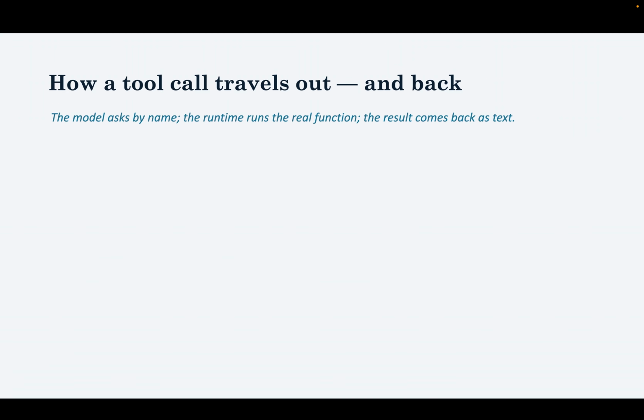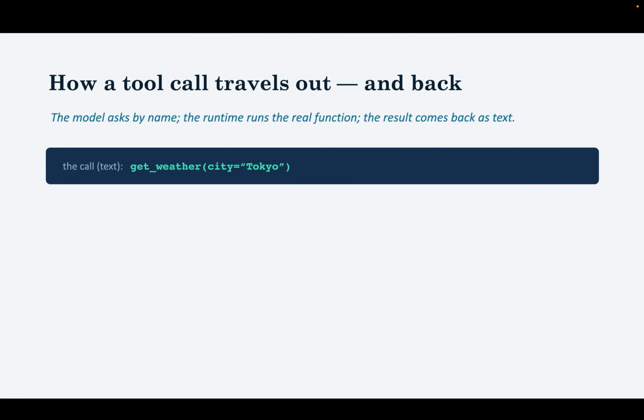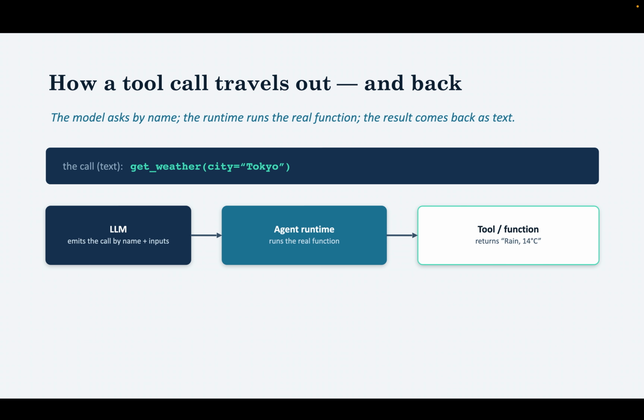How does a tool call travel out and back? The model asks by name. The runtime runs the real function, and the result comes back as text, because text is something that is always understood by the LLM. So first the LLM emits the call by name.